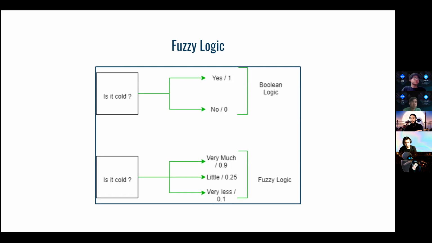But if your answer has more details, like it's slightly cold, or it's very cold, or it's not cold at all, that's fuzzy logic. Fuzzy logic is more informative, and you would like to have it in your machine learning models, but it also makes your models a lot more complex.